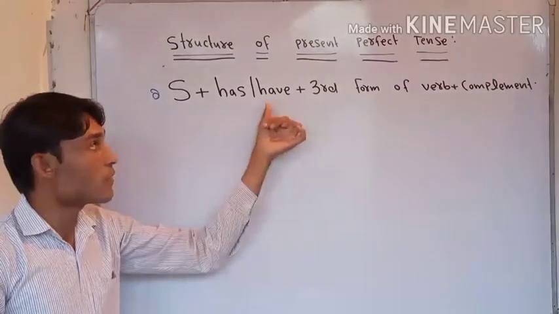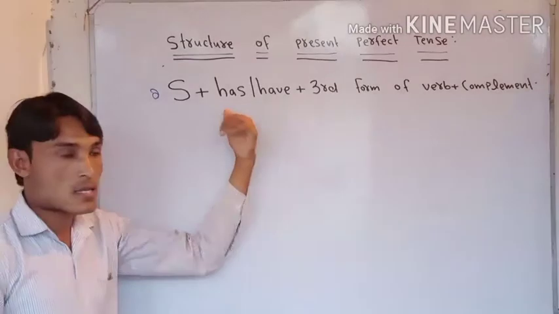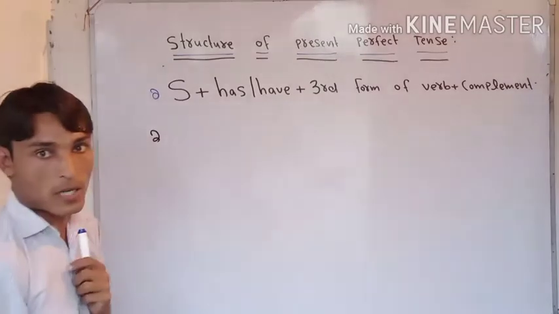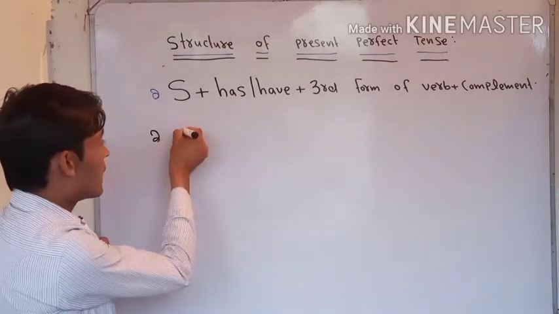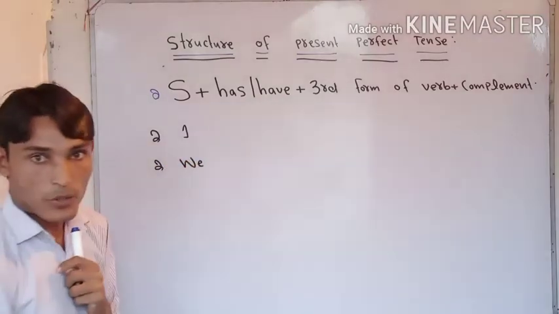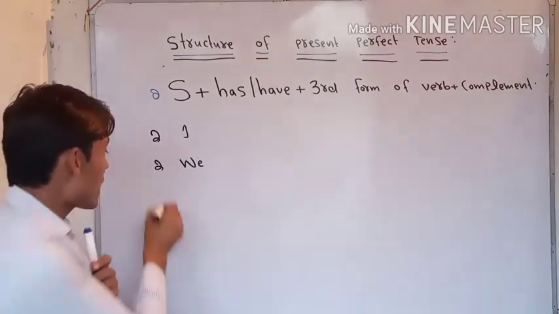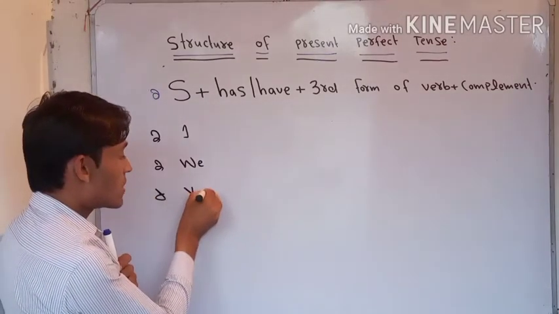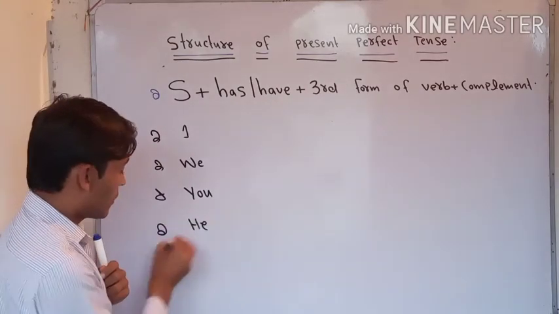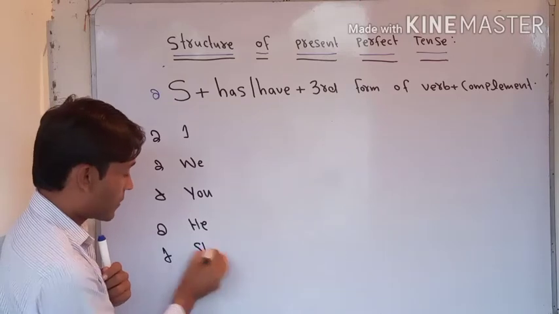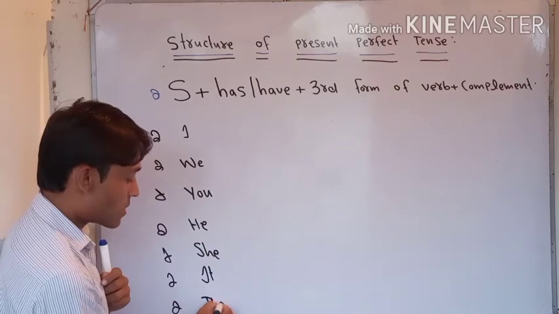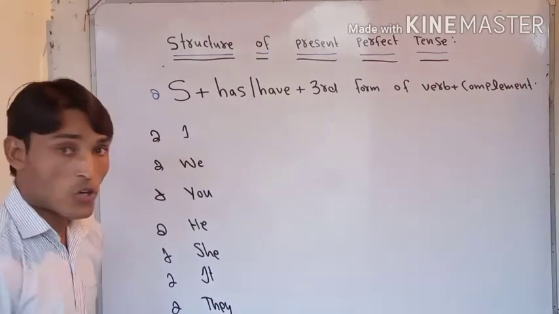Now first of all we should know where we can use has and where we can use have. We have around seven subject pronouns. I and we are called first person pronouns, you is called second person pronoun, and he, she, it, and they are called third person pronouns.